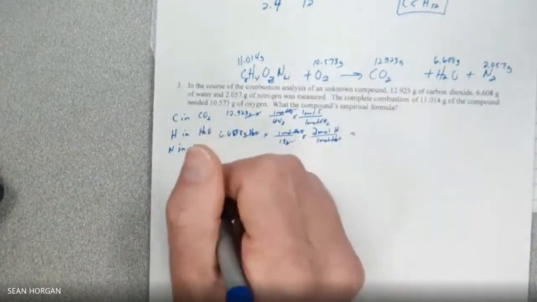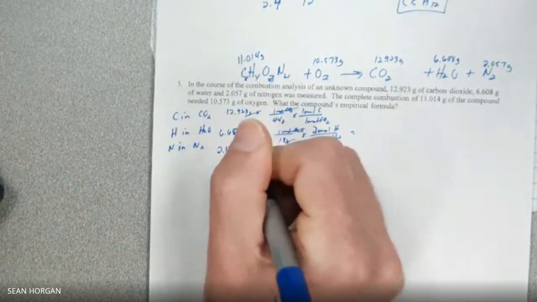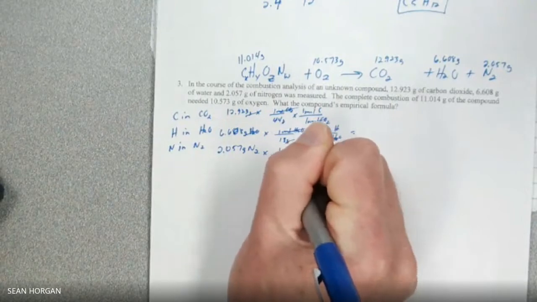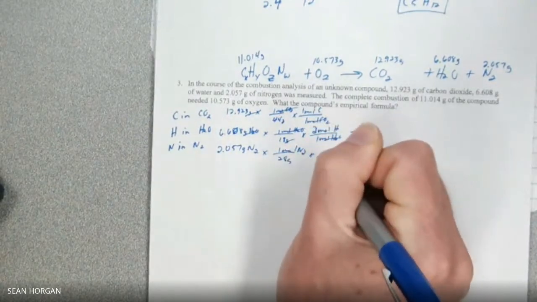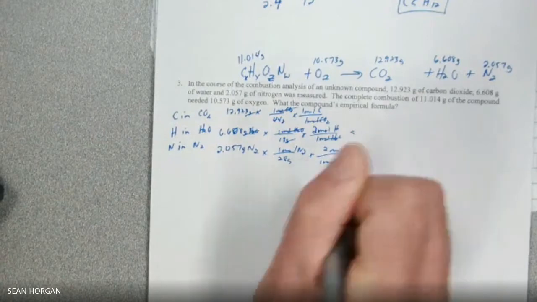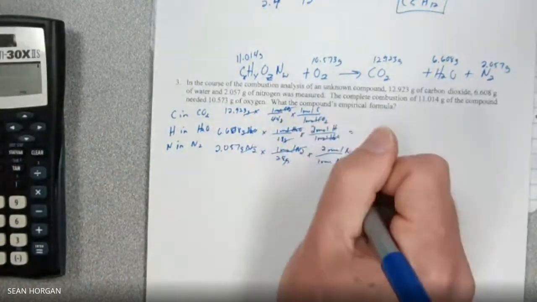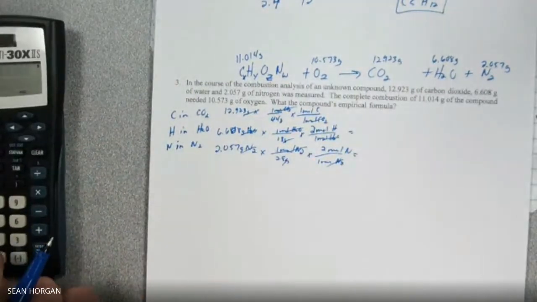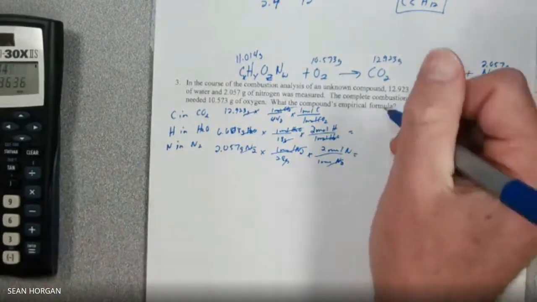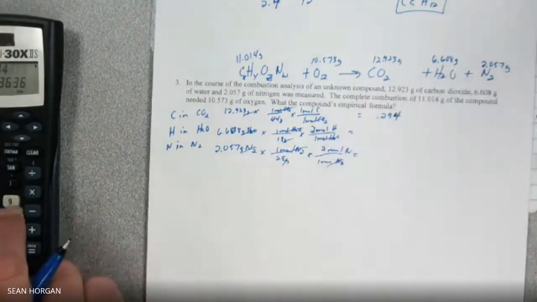And then the N, 2.057 grams of N, times 1 mole of N2 per 28 grams, times 2 moles of N for every 1 mole of N2. And we end up with these all canceling out nice and neat. So it's the first one, 12.923 divided by 44 equals 0.294.